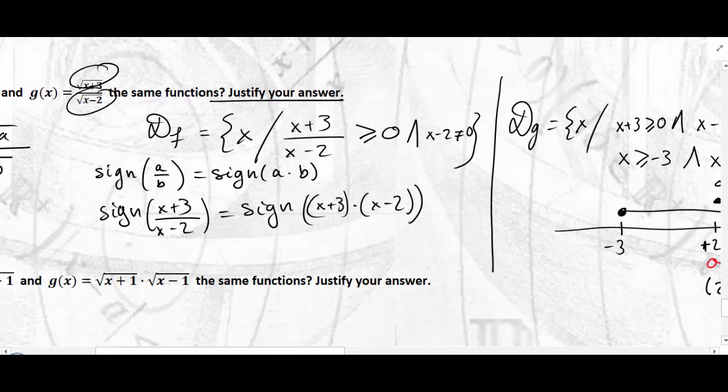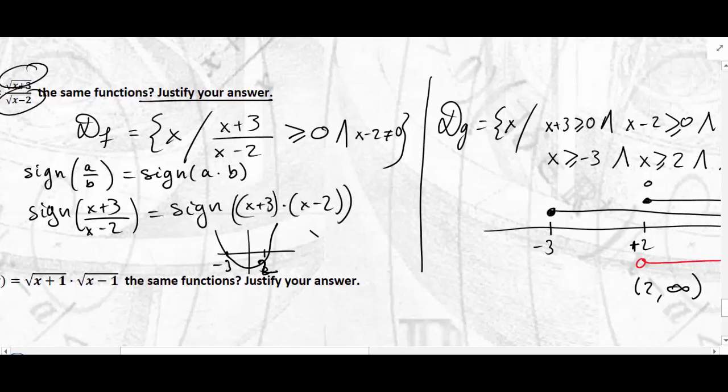And this, I know the sign of this. This is pretty simple. It's like a parabola, right? It's concave up. X-intercepts at negative 3 and at 2. Concave up. So this is positive for x smaller than negative 3 or x above 2. And right here, that means x is not equal to 2. So this inequality becomes strict.